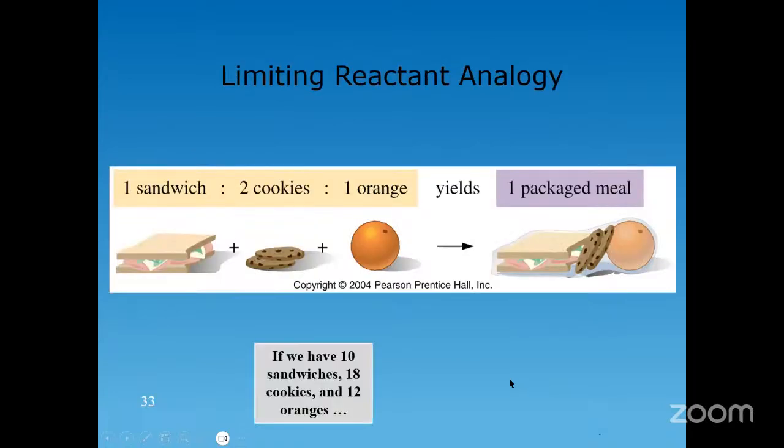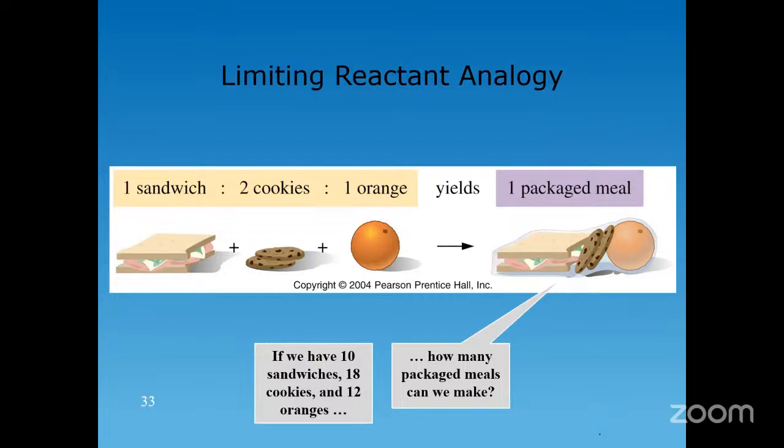To illustrate this concept of limiting reactant, we're going to use a non-chemistry example. Let's say you're given a task of preparing a packaged meal according to this formula: 1 sandwich, 2 cookies, and 1 orange give you 1 packaged meal. I could write this in the form of an equation.